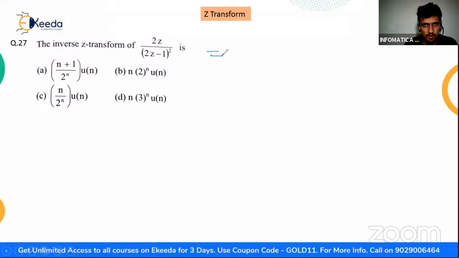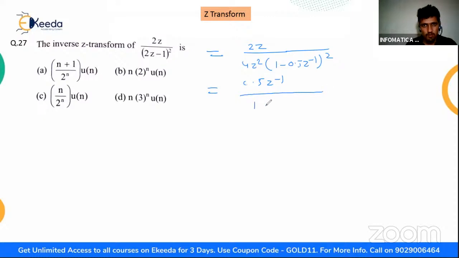In that case it can be written as, if 4z square will be there, then 4z square times 2/4. So I can write 2z divided by 4z square times 1 minus 0.5 z inverse, which I again can write as 0.5 z inverse upon 1 minus 0.5 z inverse to the square.